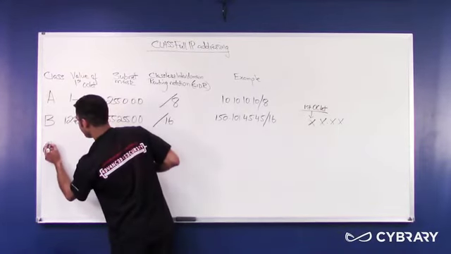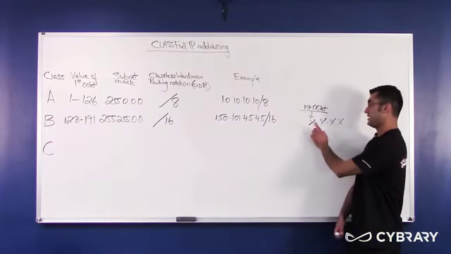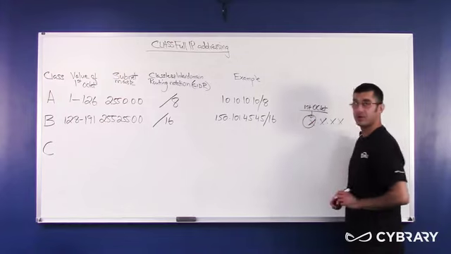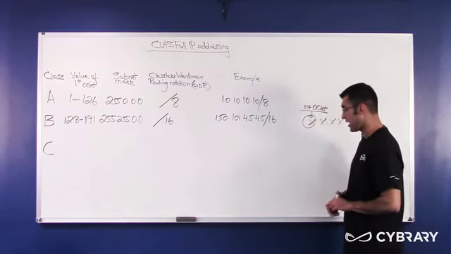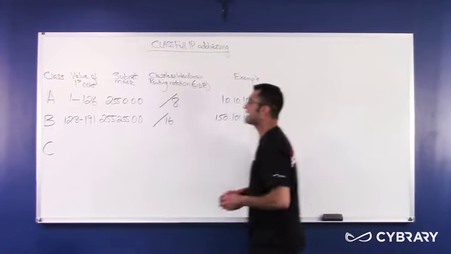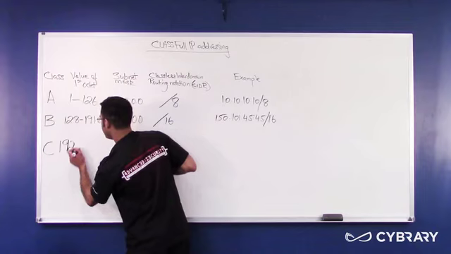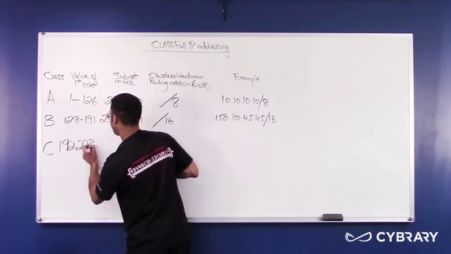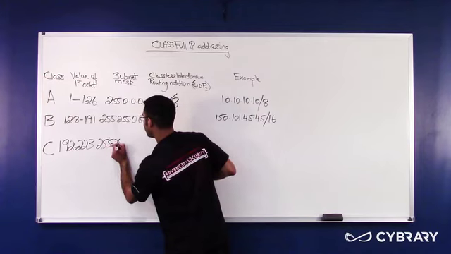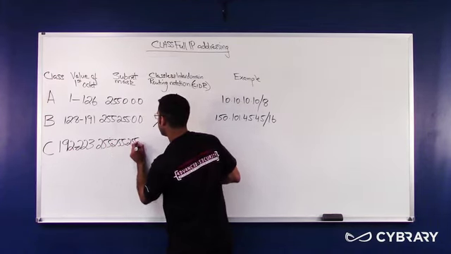Next, you have Class C. For Class C, the value of the first octet, again, keep in mind, this is just the value of the first number, the first field, or the first octet, has to be a number between 192 and 223. And the subnet mask is 255.255.255.0.